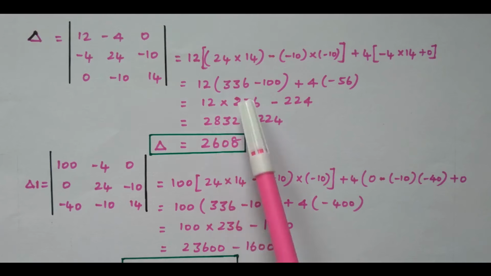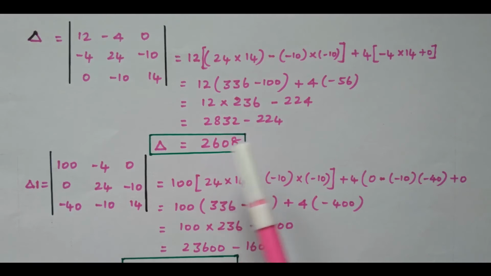So 12 into 236 is 2832 minus 224. Subtracting these two, 2608. So this is the delta value. Now we calculated the delta value, 2608. Then how will you find the delta 1?